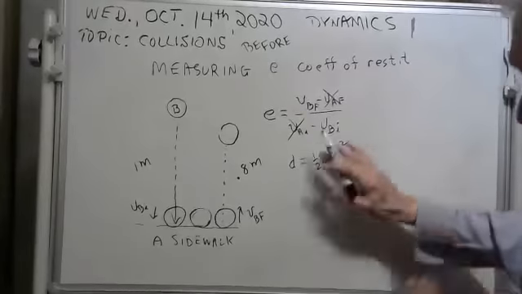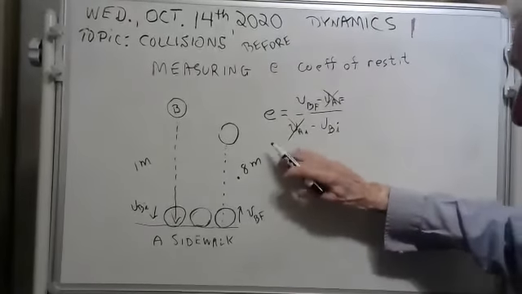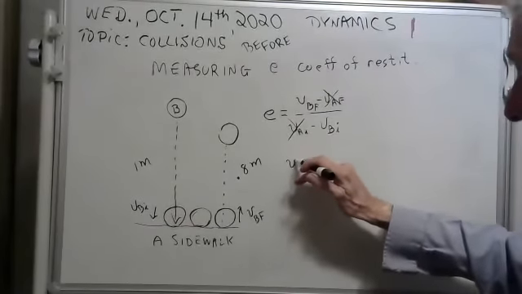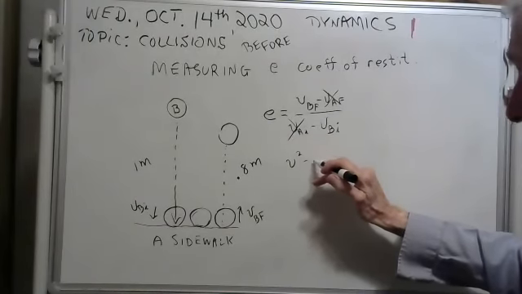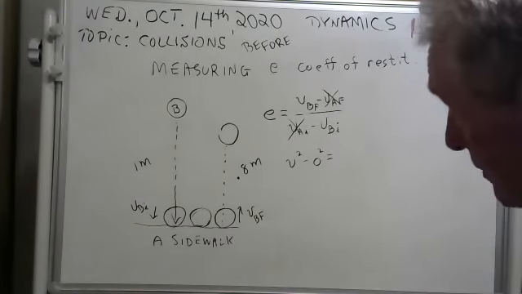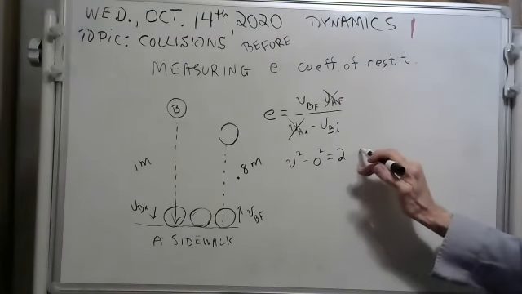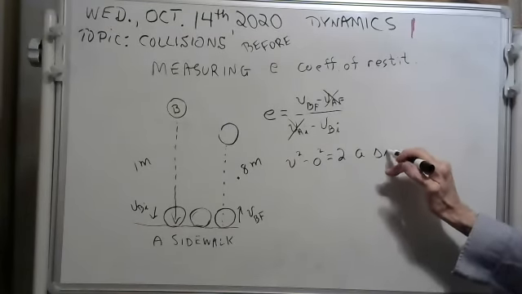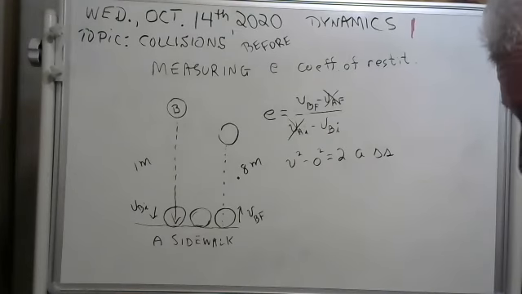Nah, we don't want that, because we don't know the time. How about this one here? The final velocity squared minus the initial velocity squared, which is 0, equals 2 times acceleration times your distance. You guys remember that formula?